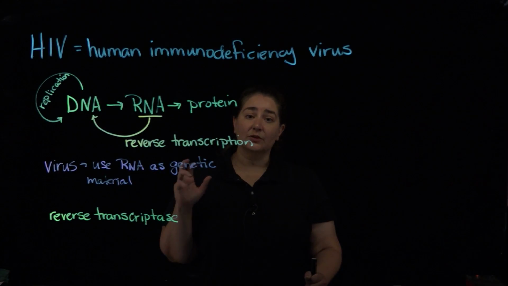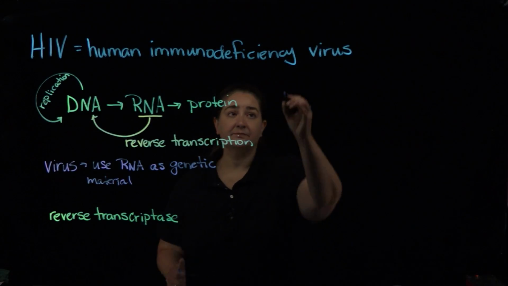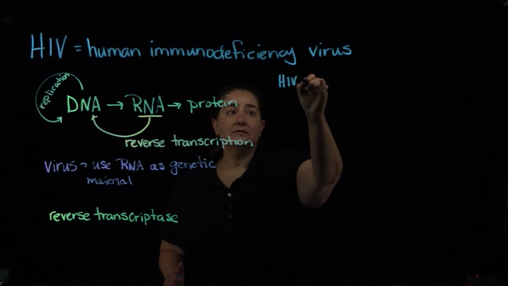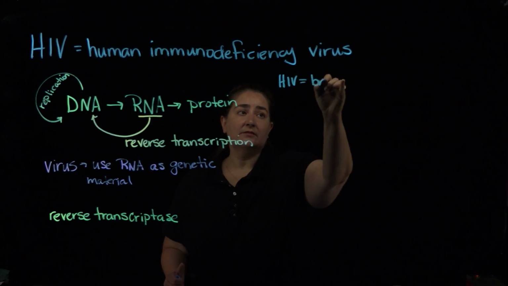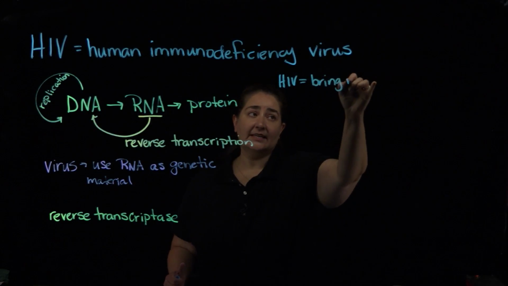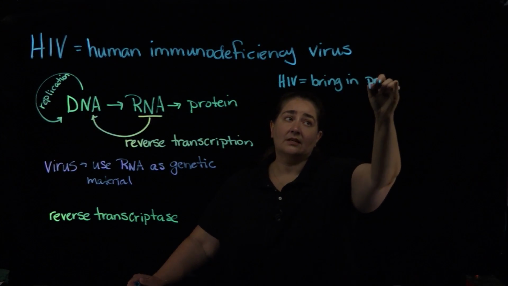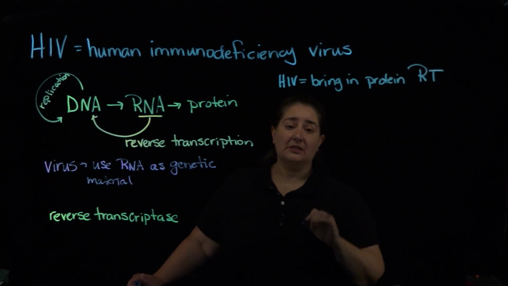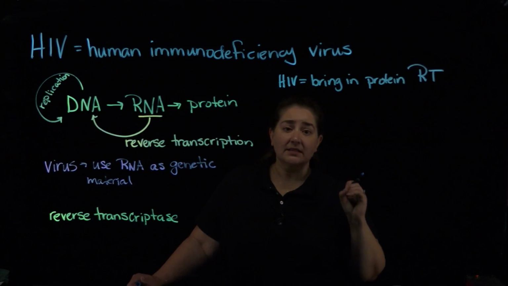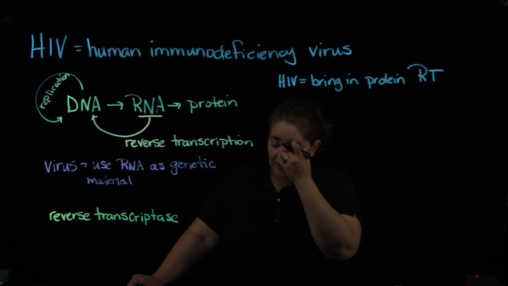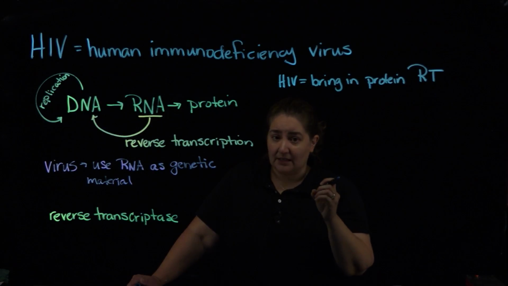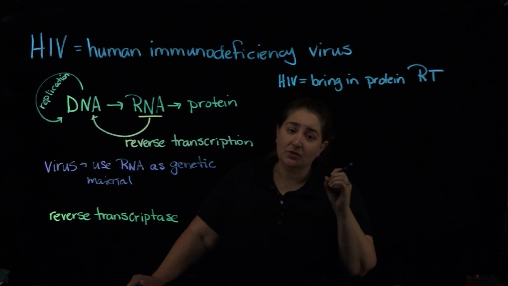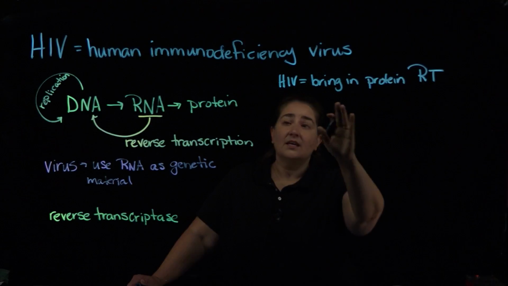The key to this with the HIV virus is it has to bring in that enzyme, reverse transcriptase, because that's not something that's found in eukaryotic cells, okay? And what that HIV virus does then is it takes advantage of the host cellular machinery.